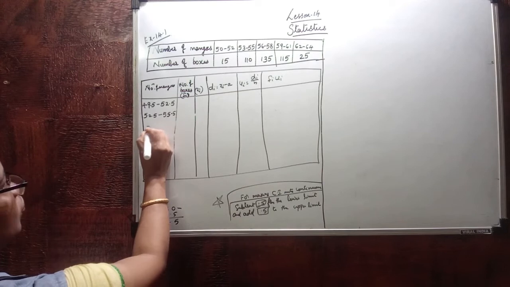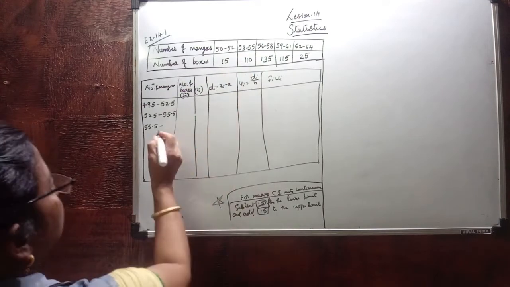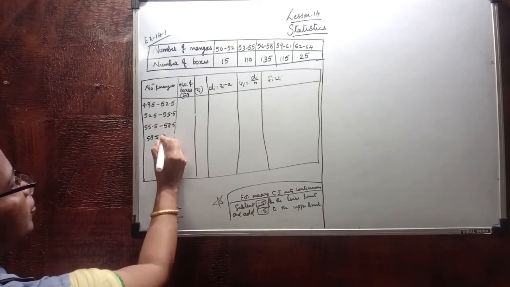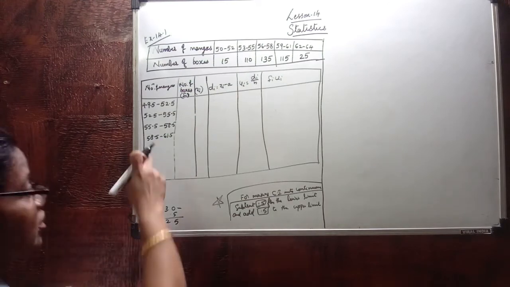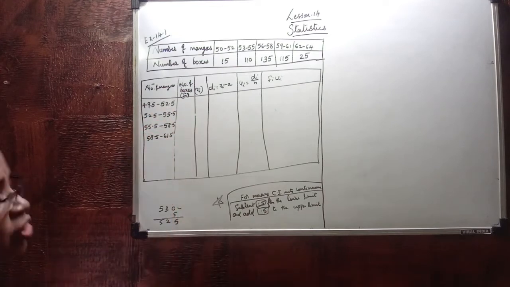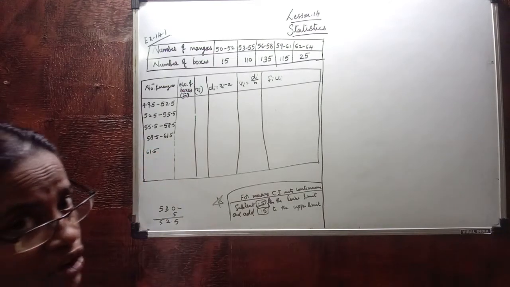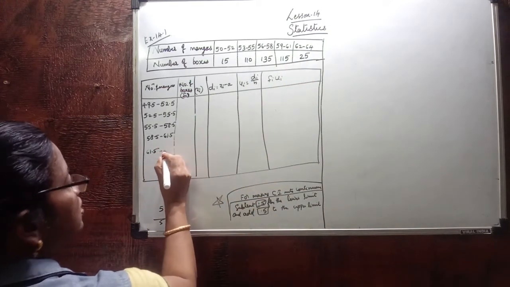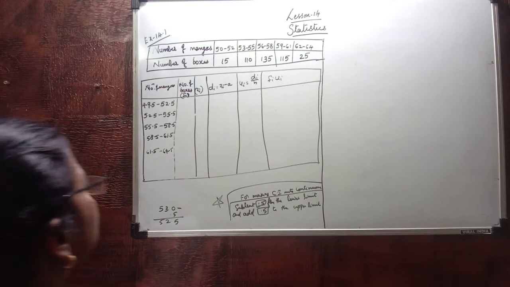Next one, 55.5 to 58.5. Next one, 58.5 to 61.5. So the class intervals are continuous now. Next one is 61.5: how did we get it? 62 minus 0.5 is 61.5, and 64 plus 0.5 is 64.5.